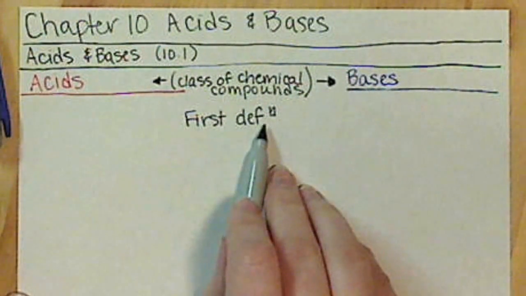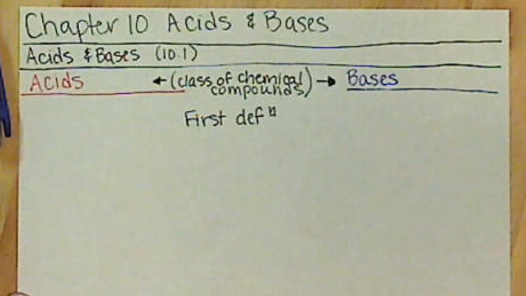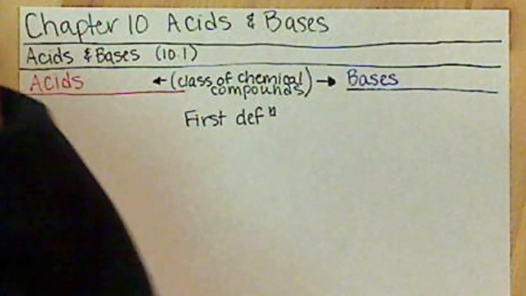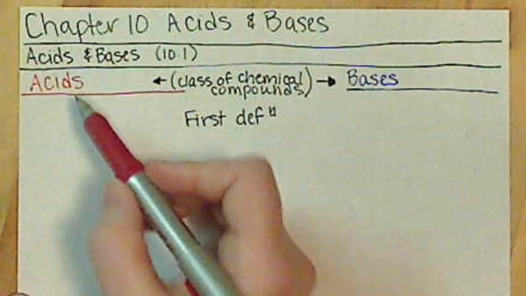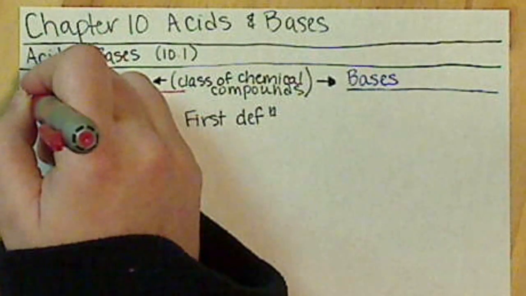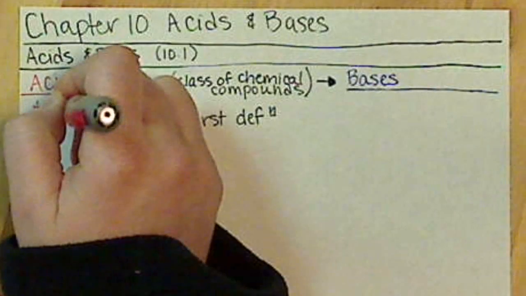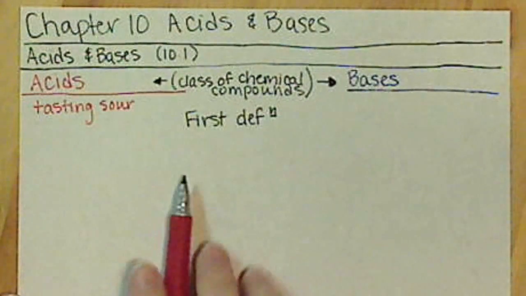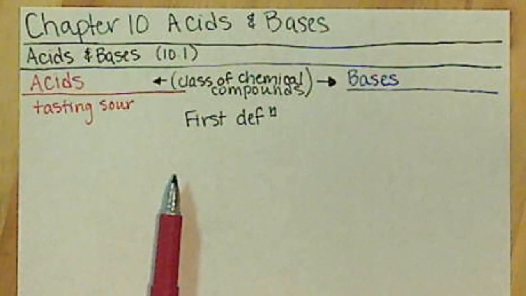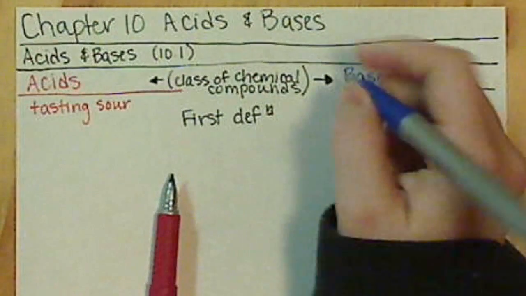Our first definition comes from very, very early on working with chemistry, and acids were defined as basically tasting sour. Whereas bases were something that tasted bitter.